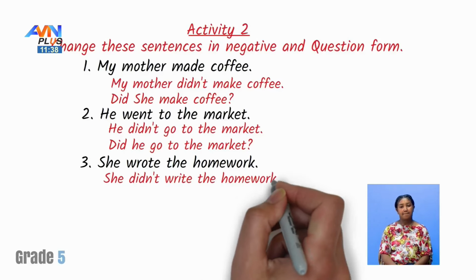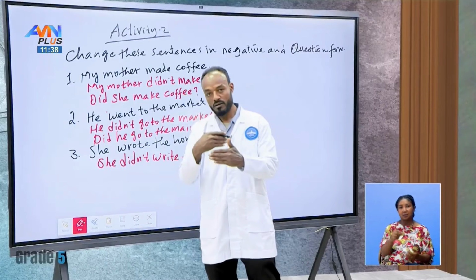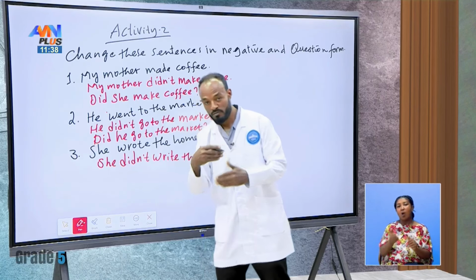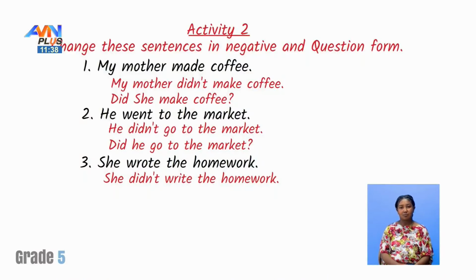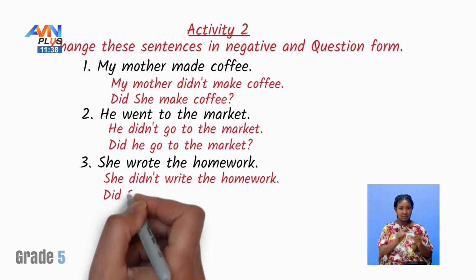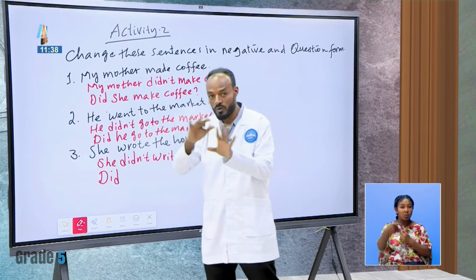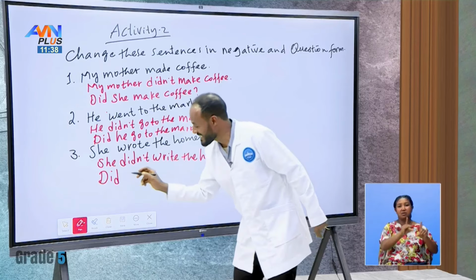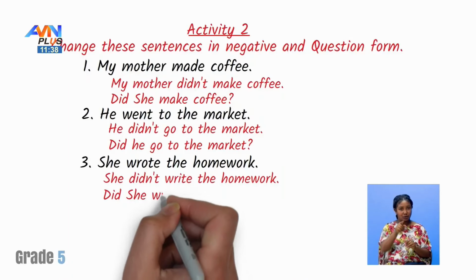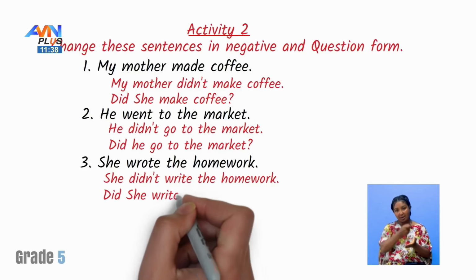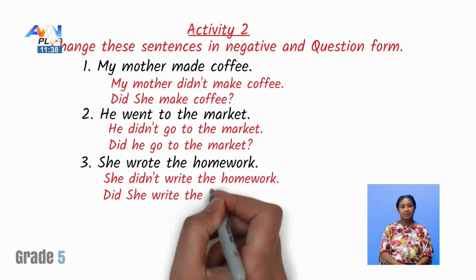Look, what about the question form? We have to start from did. Don't worry about the subject, whether it is singular or plural. We have to start from did. Did she write the homework?